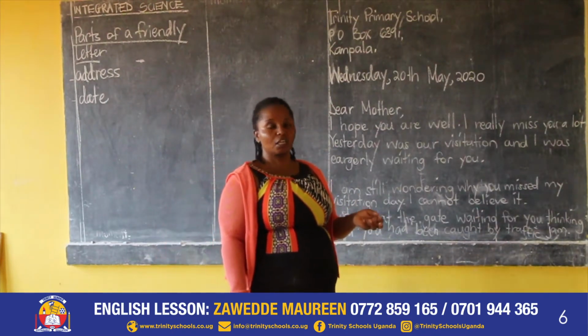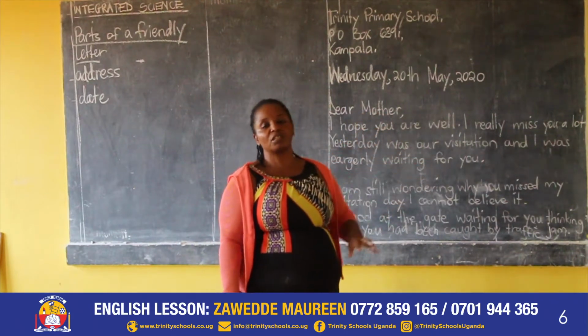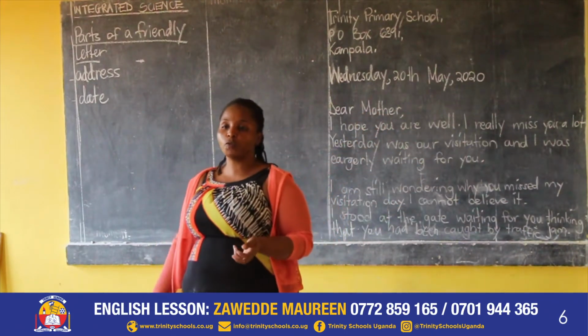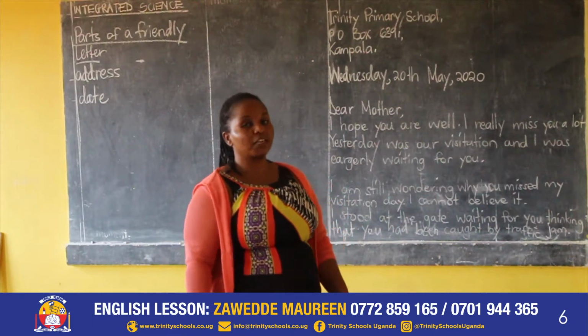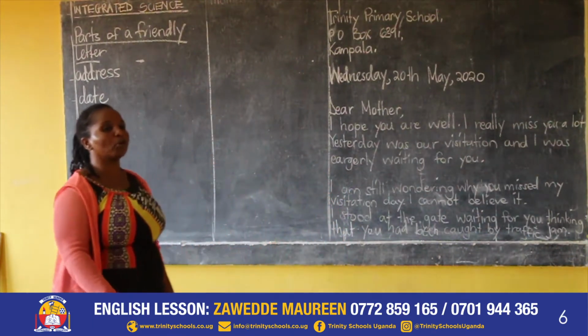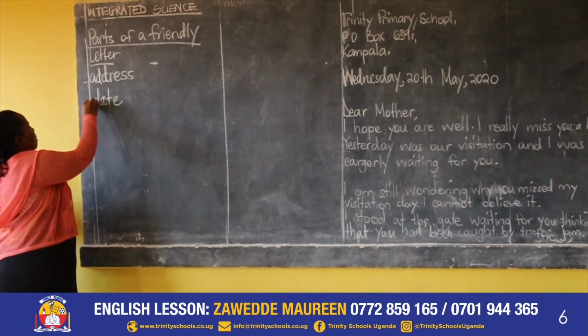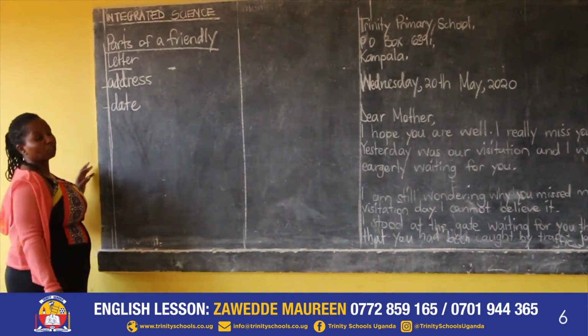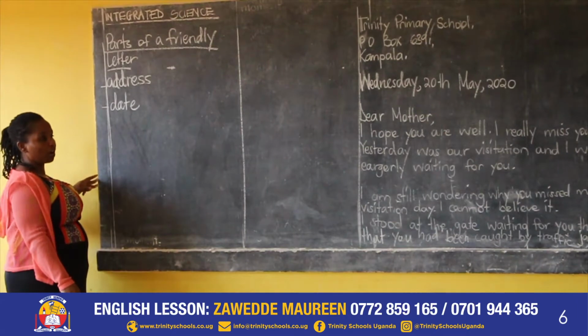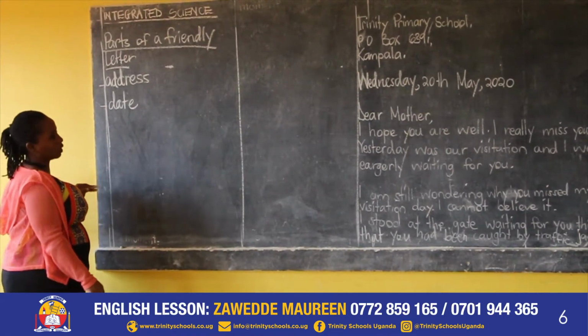Sometimes there are delays, so the information in the letter may be out of date. So the date is also very important, so that the person replying may know whether the information they are going to write back is still relevant.